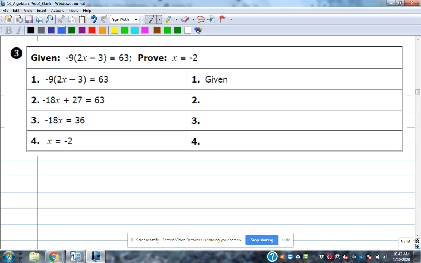Distributive property. And then what did they do to get from 2 to 3? Subtraction property.